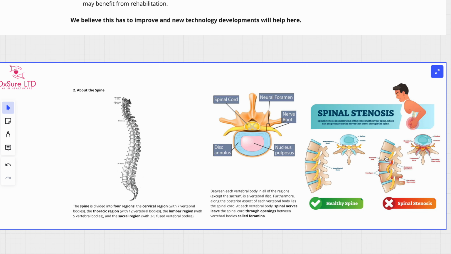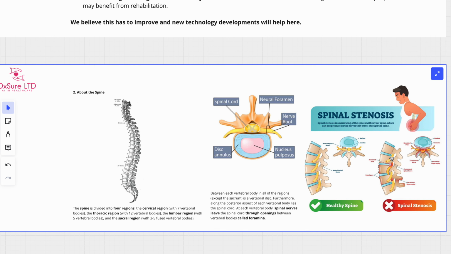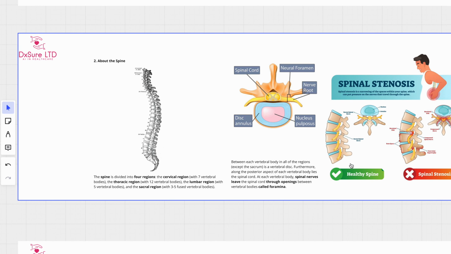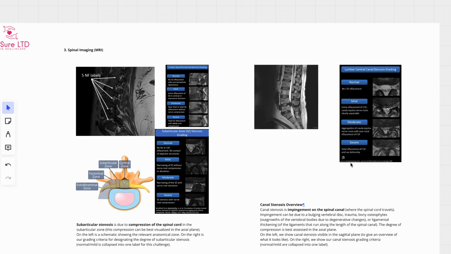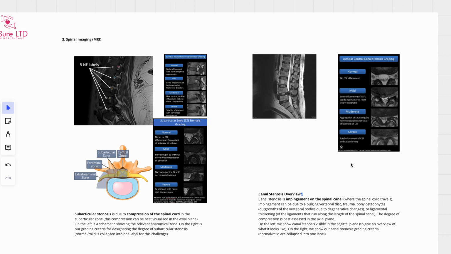When problems affect the spinal cord in terms of outgrowths or something pressing against the nerve endings, that's where people suffer from pain, or it can also lead to disability if untreated. Radiologists use MRI, which is magnetic resonance imaging, to identify these conditions, and they classify them from mild to severe.